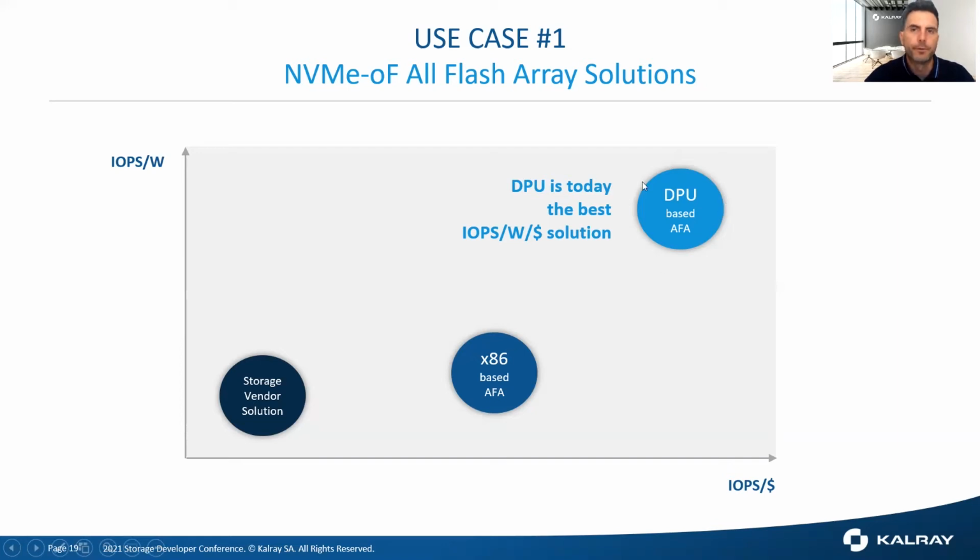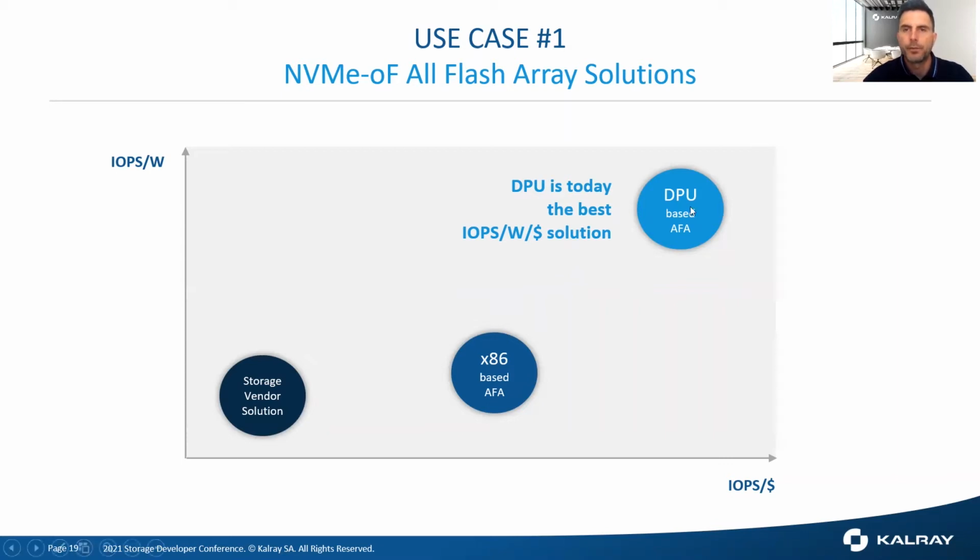And of course, the third solution is to build a NVMe-oF all-flash array using DPU cards instead of using an x86. So basically, in this case, since the DPU has hardware accelerators to accelerate data services, it's able to cope with running more data services without decreasing the overall performance.